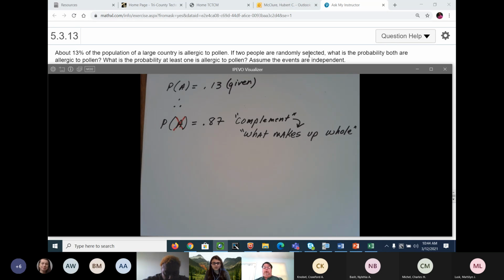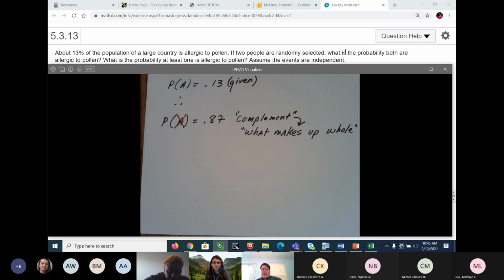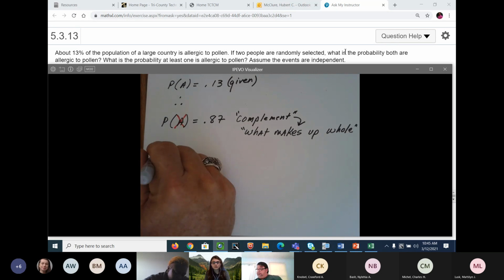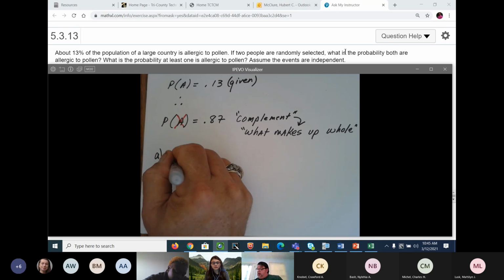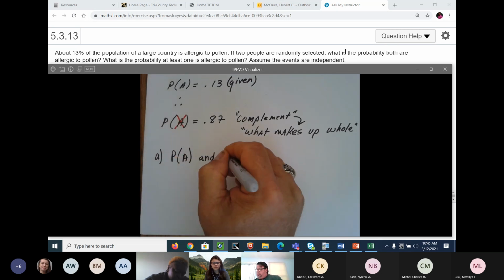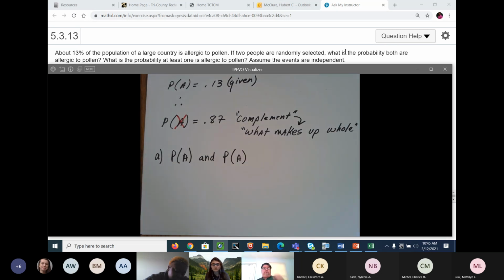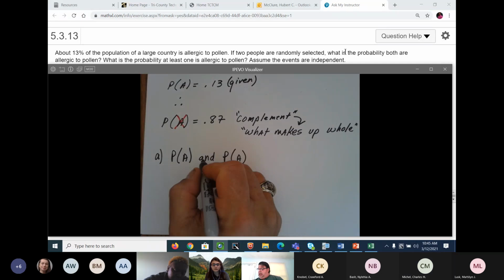If two people are randomly selected, what are the probabilities of the first being allergic and the second being allergic? So let's write that down. The probability of being allergic and the probability of being allergic. What's my key word? And. And means what?